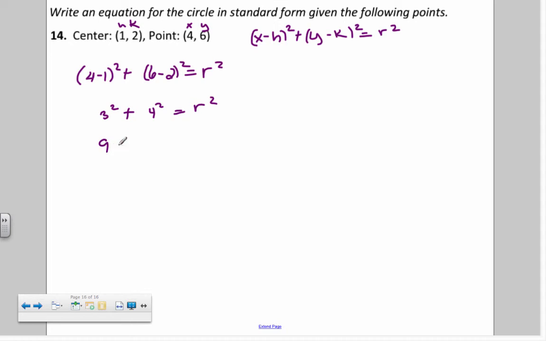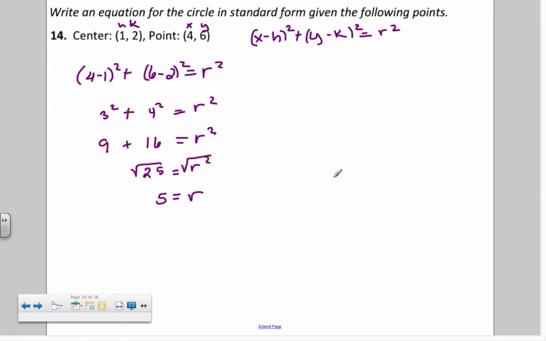Well, 3 squared is 9, 4 squared is 16. And I add those together, I'm going to get 25 equals r squared. To solve for r, I need to take the square root of both sides. And I will find that the radius is, now generally when we do an equation, we say plus or minus 5, but because radius is distance, we're going to use a positive 5 since distance is always positive.